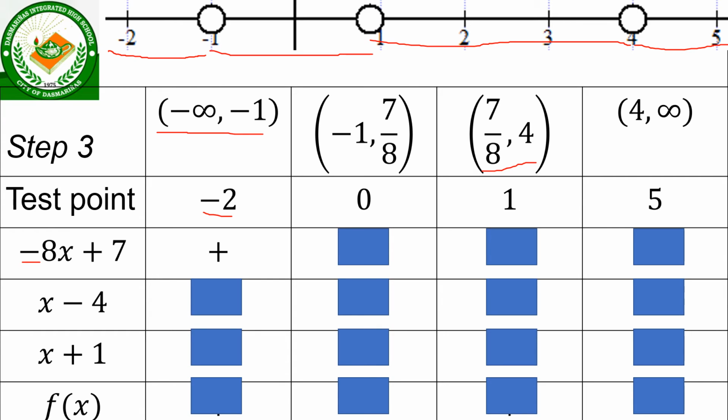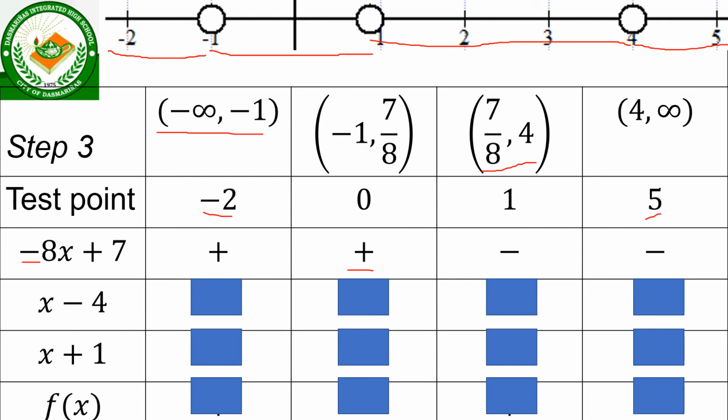How about for the second one here? 0 multiplied by negative 8, 0 plus 7, 7, a positive number. How about for 1? 1 times negative 8 plus 7, negative 1, negative 5. Multiplied by negative 8, negative 40, plus 7, still negative.